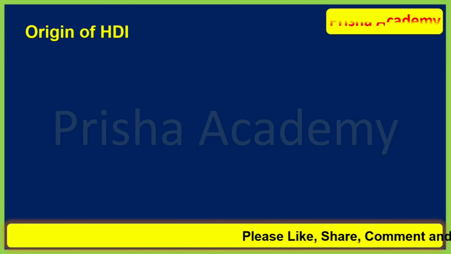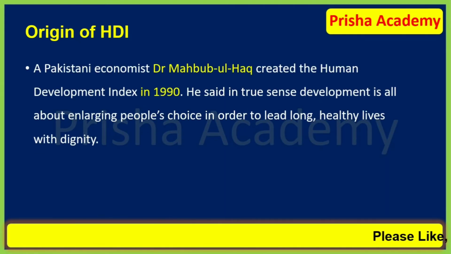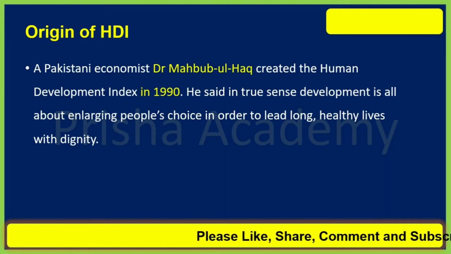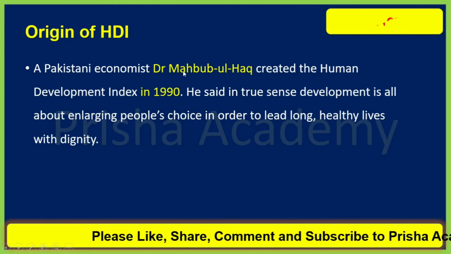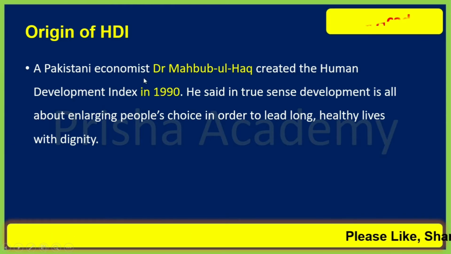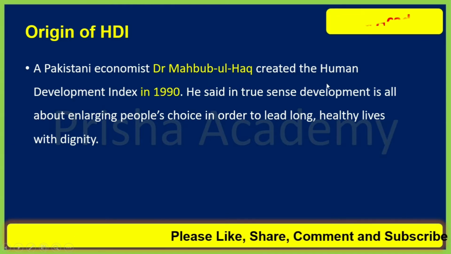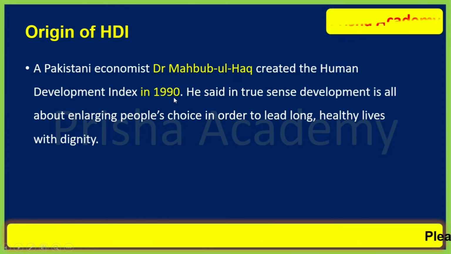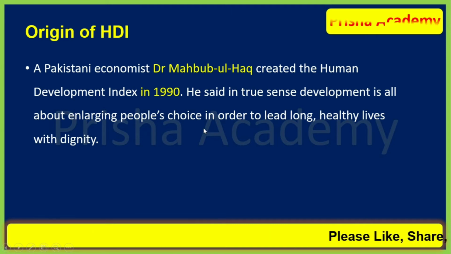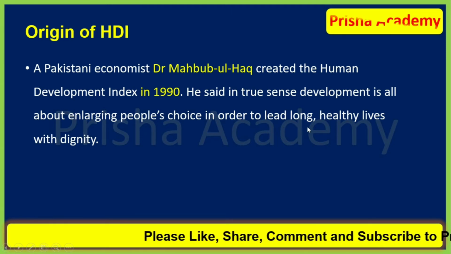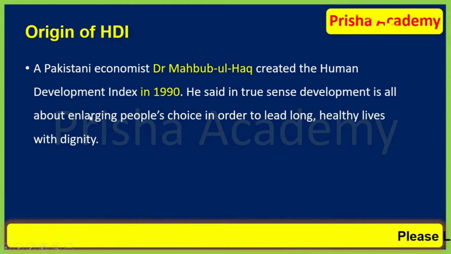And how did HDI originate? A Pakistani economist, Dr. Mehboob ul Haq, created the Human Development Index in 1990. He said, in the true sense, development is all about enlarging people's choices in order to lead long, healthy lives with dignity.